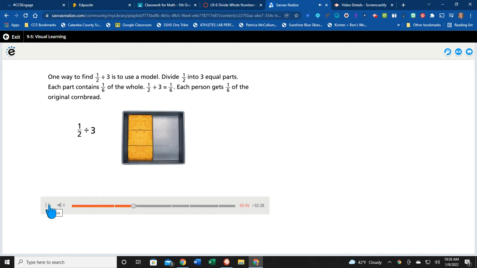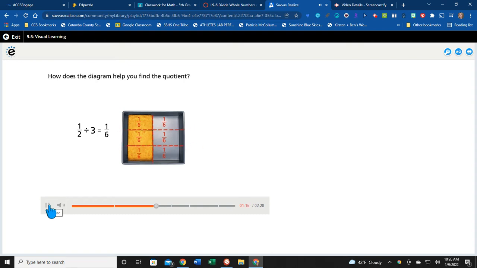One way to find 1/2 divided by 3 is to use a model. Divide 1/2 into 3 equal parts. Each part contains 1/6 of the whole. 1/2 divided by 3 equals 1/6. Each person gets 1/6 of the original cornbread.